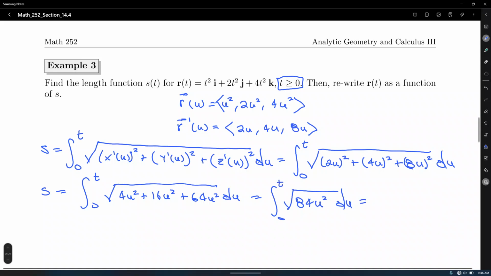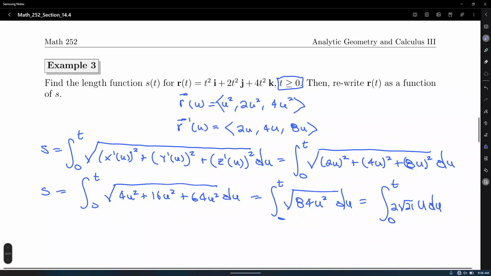So in this case, the square root of u squared, that's just going to be u. And the square root of 84 could be simplified because it's a number divisible by 4. That's 21 times 4, which reduces to 2 square root of 21. But keep in mind that the u right here is outside of the radical, so careful.